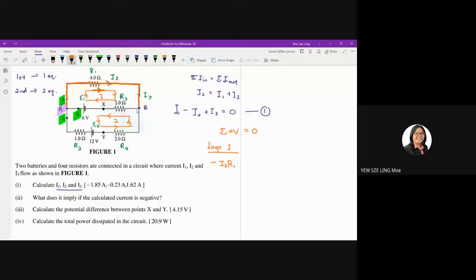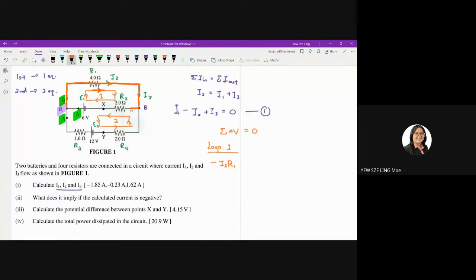But don't stop at junction B, because you want to travel one full loop. From junction A to junction B, these three straight lines are all using the same current, I3. But after it passes through junction B and enters this loop, this line is no longer I3. We have I2 along this horizontal line.